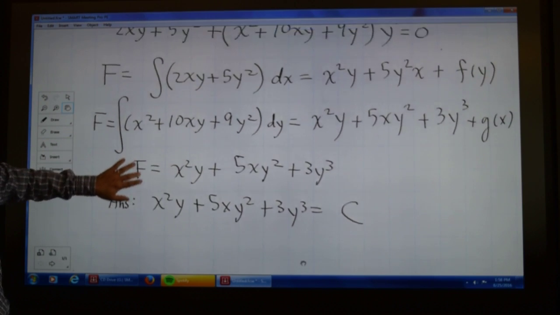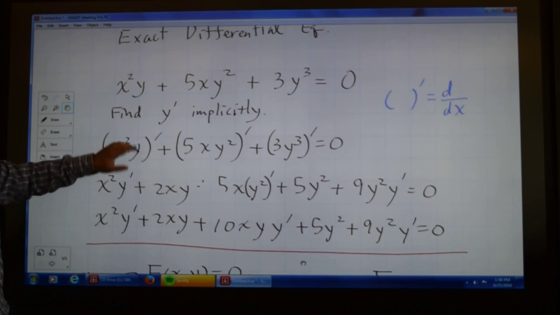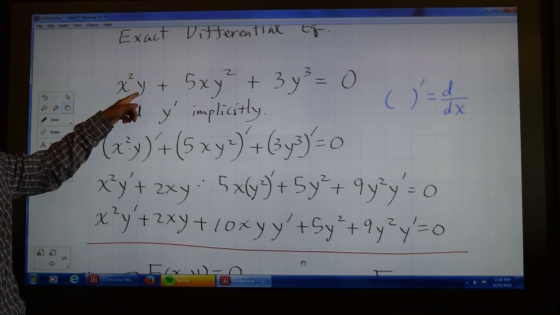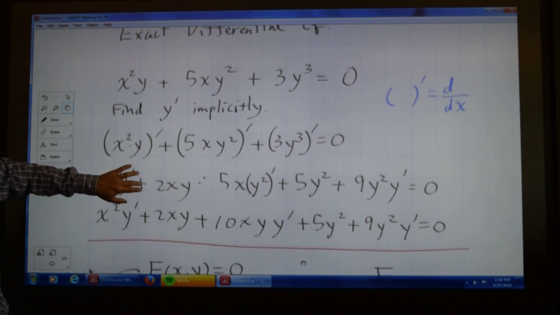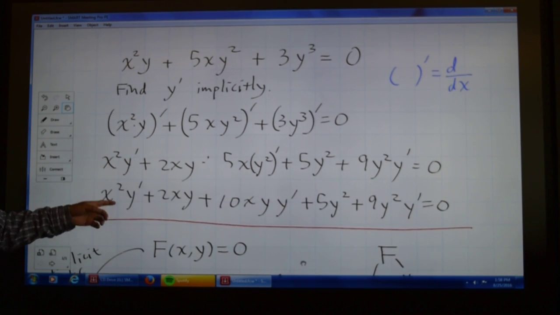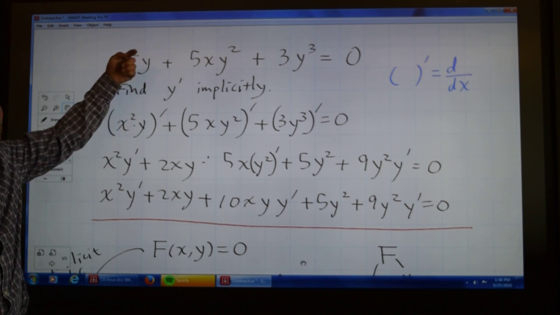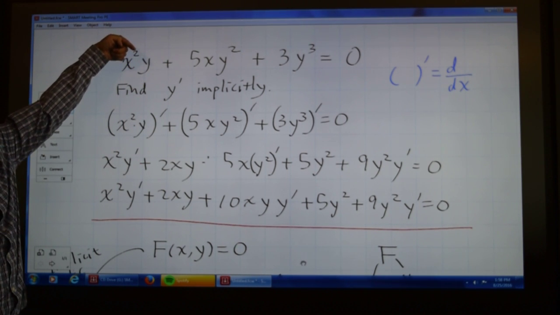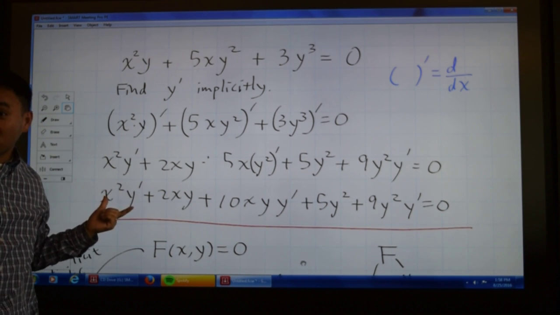Now, let's see if we did get the correct answer. This is what we had. Where did we start? This was where we started, right? They're the exact same thing, right? So, an exact differential equation is something that goes in the opposite direction of an implicit differentiation. Because whenever you do an implicit differentiation, you end up with some kind of differential equation.